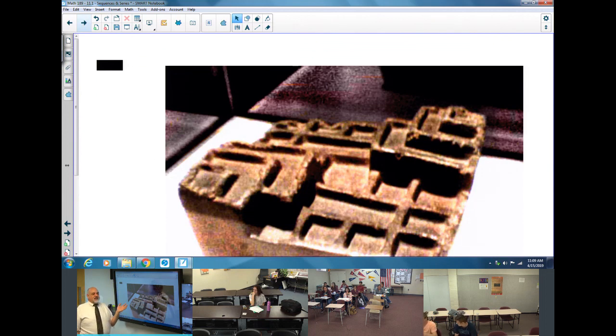And there's actually archaeological evidence to show that, this is an artifact from Peru. They're not quite sure what this was used for, but it shows evidence of their knowledge of the Fibonacci sequence.